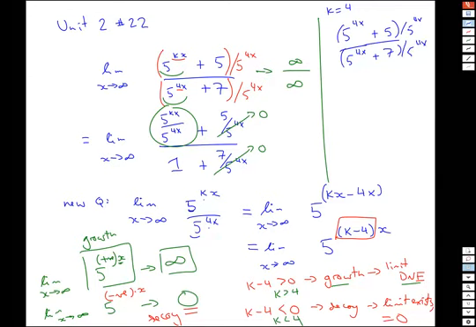This would be a more traditional kind of calculation, like with powers. You end up getting 1 plus 5 over whatever, over 1 plus 7 over whatever. You take the limit, it heads towards 1 over 1, which equals 1, which exists as well. So you would get k less than 4 exists and k equals 4 exists, the limit exists, whereas k greater than 4, it does not.